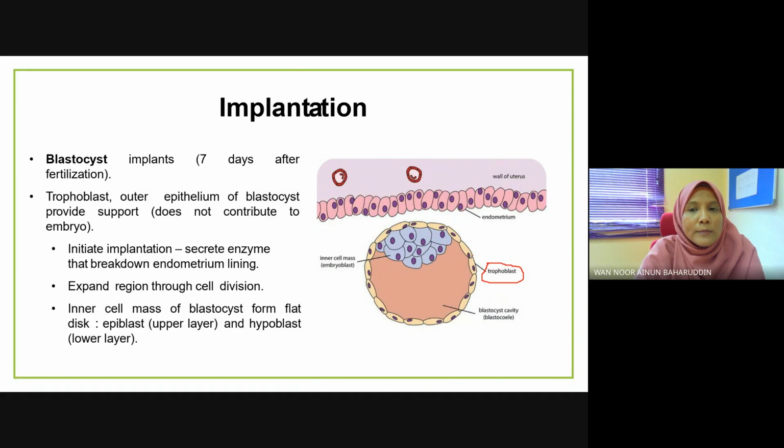The trophoblast initiates the implantation, the attachment to the uterus, and it secretes enzymes that break down the endometrium lining so that it can attach there. And then it can expand its region through cell division, and inside the inner cell mass, or embryoblast, it forms what we call the epiblast and hypoblast, the upper layer as well as the lower layer.